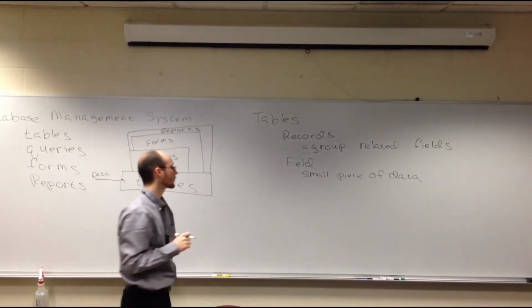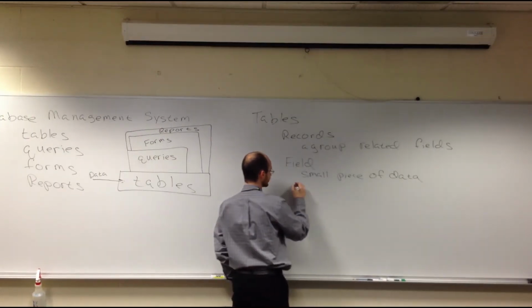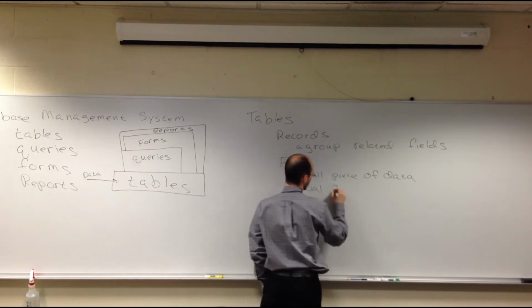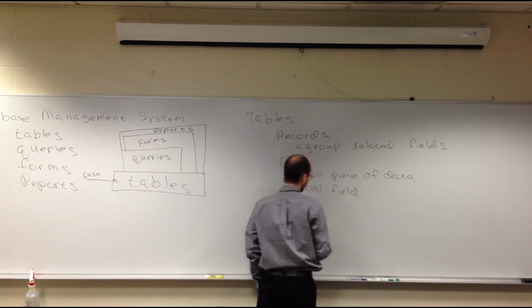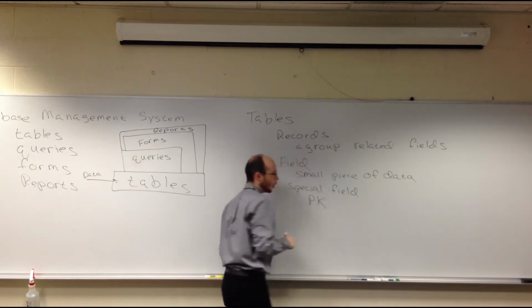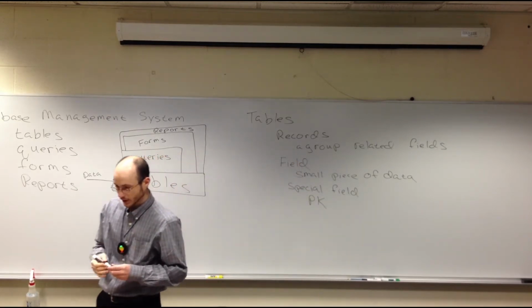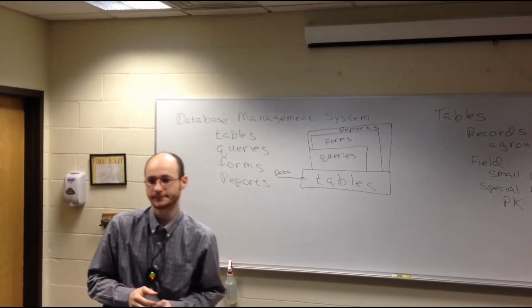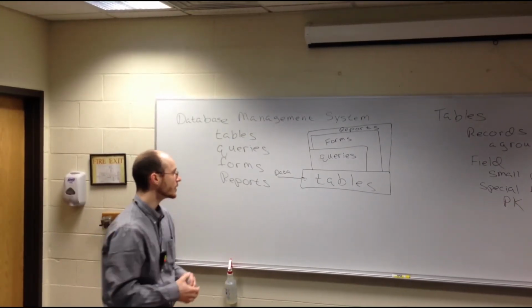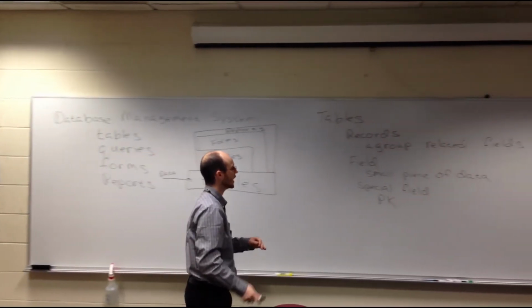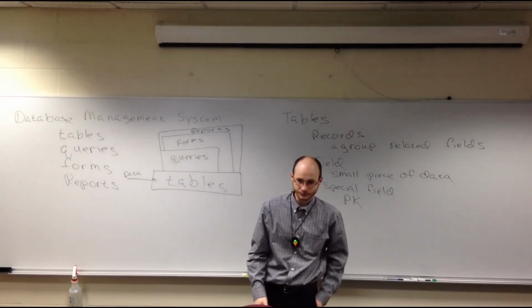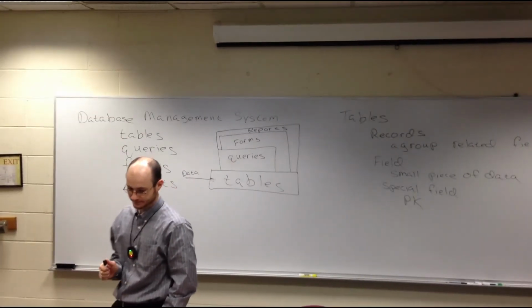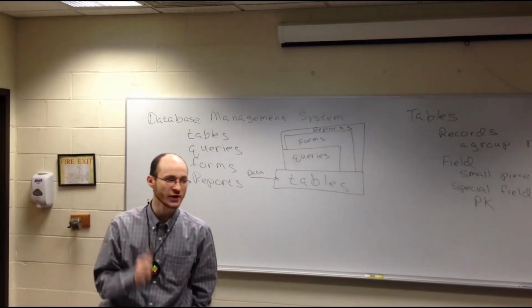In a record, there's going to be a special field called a PK, or a primary key. Earlier today, I used the example of a barcode, of a UPC. A primary key is used to identify a unique record. No two records, and I can't say this enough, no two records in a table can have the same primary key.